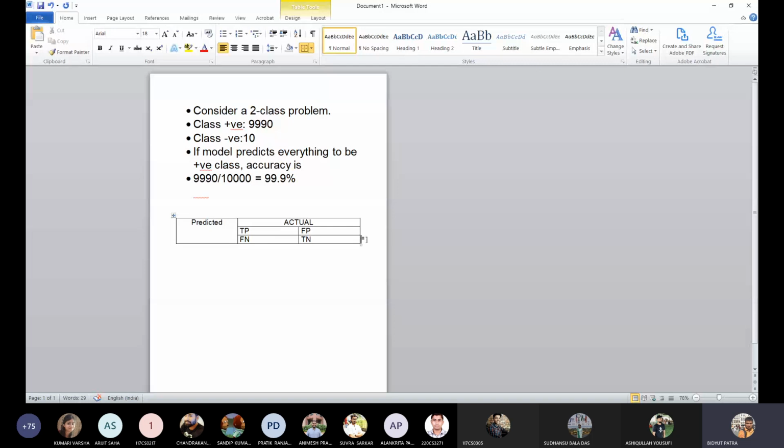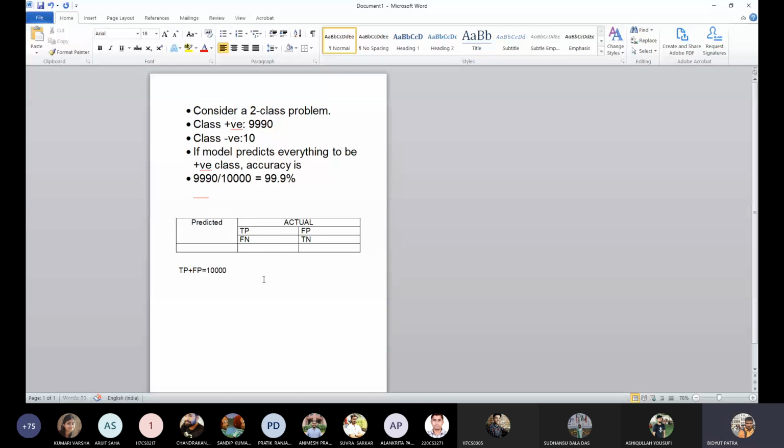So in this scenario, everything is positive class. That means TP plus FP is equal to 10,000.